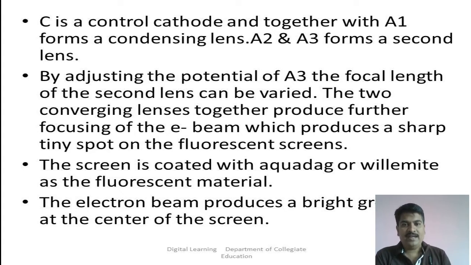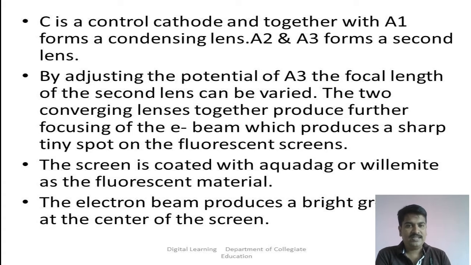Now, by adjusting the potential of A3, the third anode, the focal length of the second lens can be varied, because A3 is related to the second condensing lens.